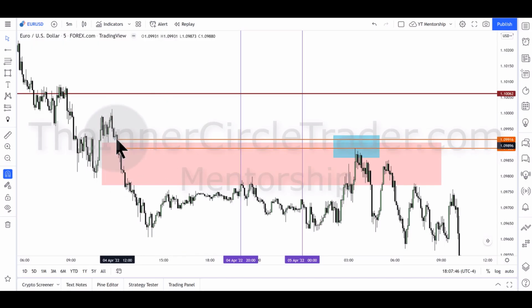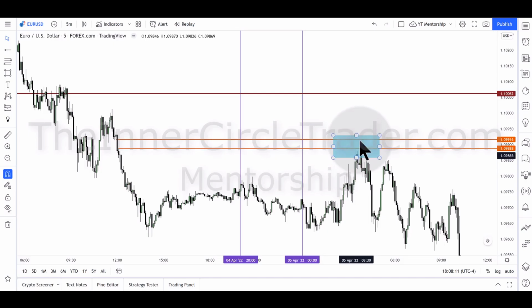You have a city in the form of a fair value gap right there. It breaks lower after running a short-term high. It breaks lower. We have an imbalance near the upper end of the hourly imbalance, which is that pink shaded area. So we can take that off. That's been incorporated here.